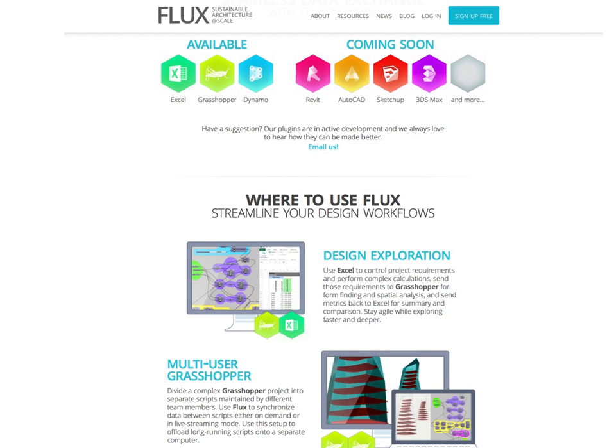Now, this problem of different programs and moving from one to another is becoming a global concern. There is a company set up by Google, which you can also look up and will probably experience in practice, called Flux. Flux is basically a process for collaboration using different platforms for parametric design.